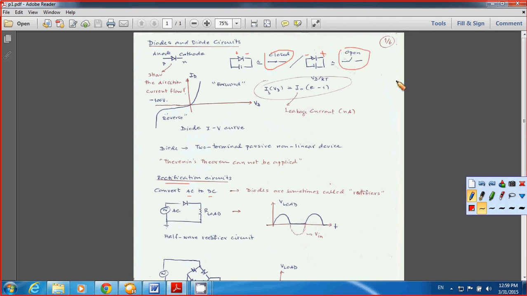It becomes just like an open switch or open circuit. I'm not going to get into the detail of the p-n junction or semiconductors, because we're going to talk about the diode itself and the applications.